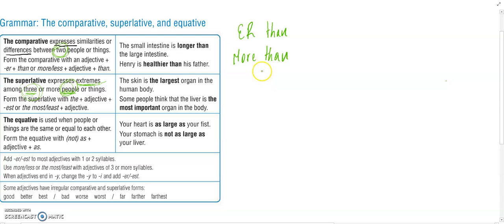Well, in the superlatives it is something pretty similar. The thing is that the endings and the words are going to be different. So instead of using ER, we are going to use the, and the ending is EST. And then in the second option we have the most.